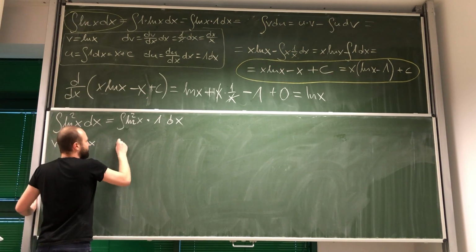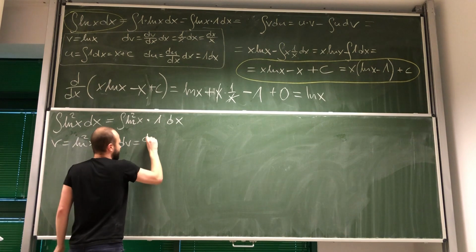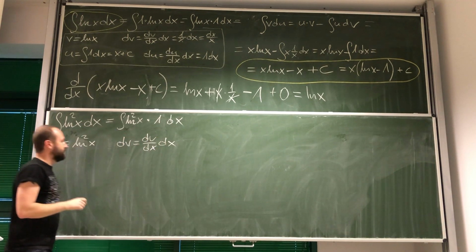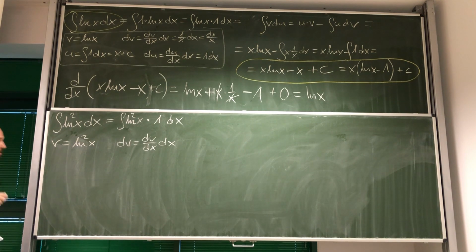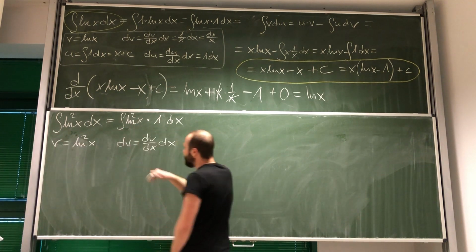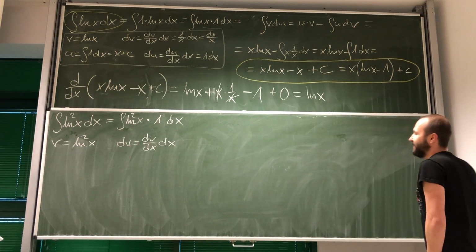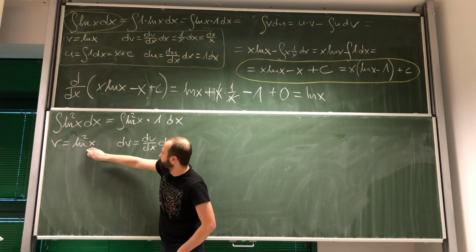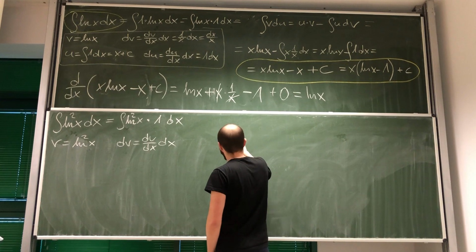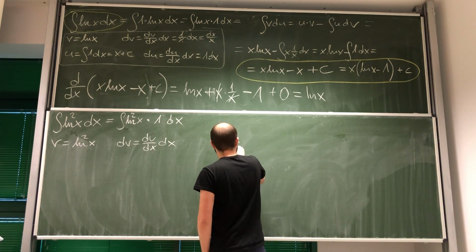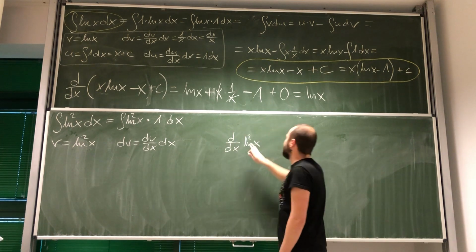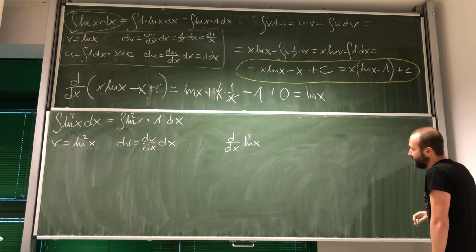So now the question is, what is dv? dv is dv/dx times dx. Okay, and look, if this is our case, we need to differentiate ln squared x, right?